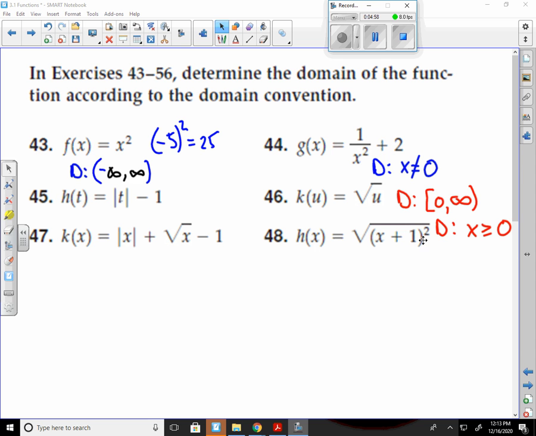So, because of that, that tells me that my domain is from negative infinity to infinity. So that's, yes ma'am. Mm-hmm.